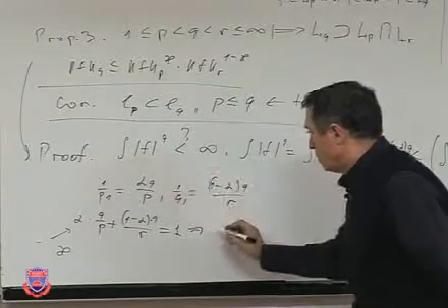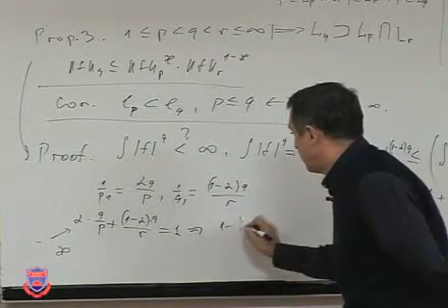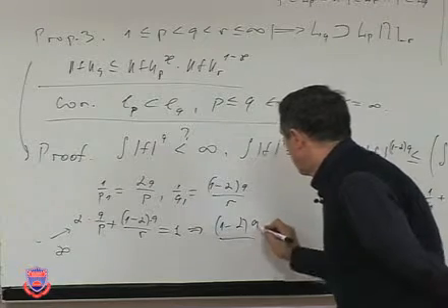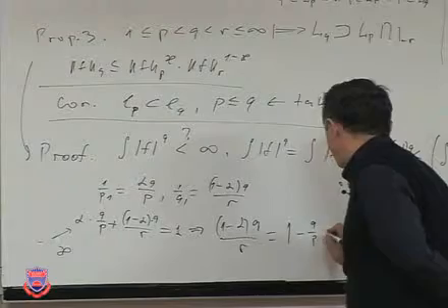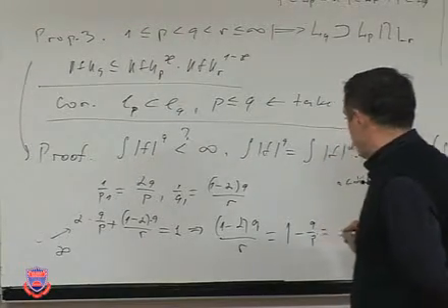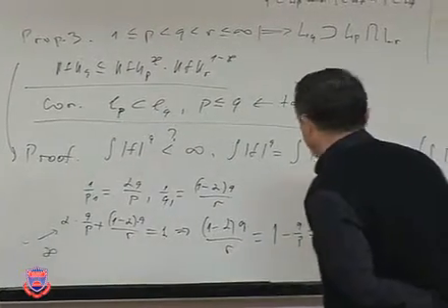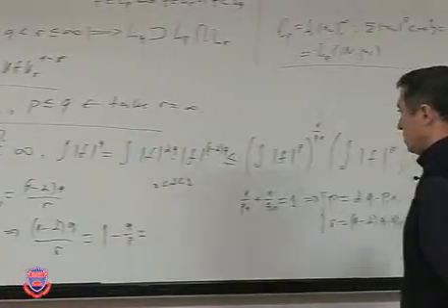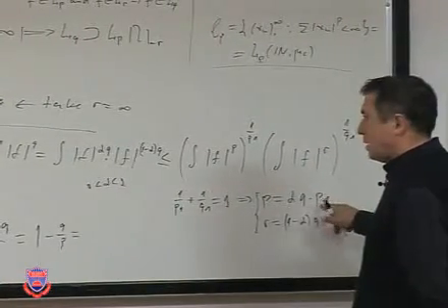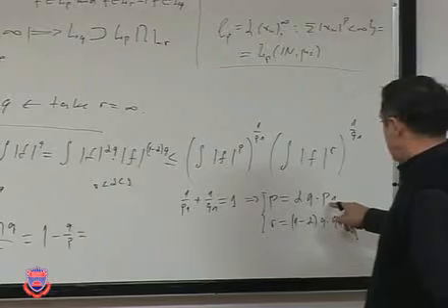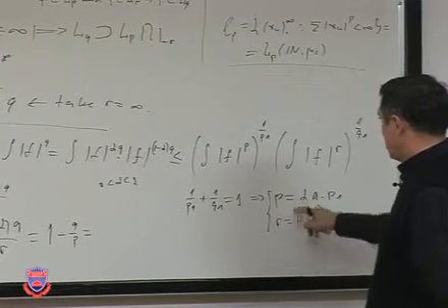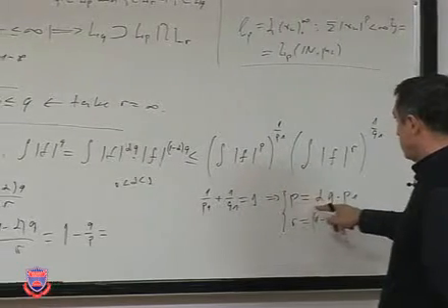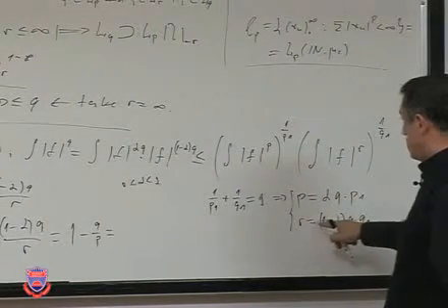Therefore, what do we have? We have that 1 minus alpha Q divided by R equals 1 minus Q over P. Something is wrong again, because it should be inverse. Okay, let's check it again. 1 over P1 is alpha Q divided by P. P is alpha Q multiplied by P1.